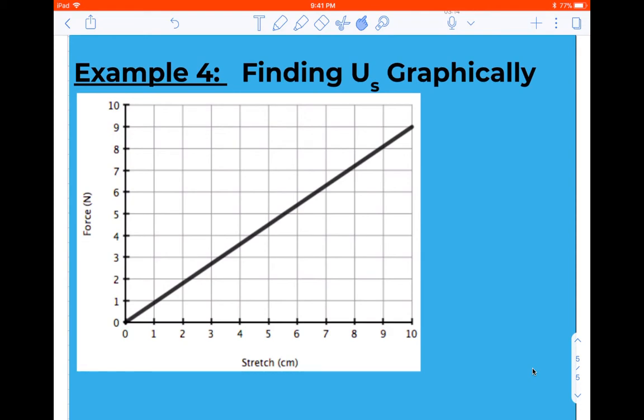So we see that our force increases at a proportional rate. Technically, our stretch here is in centimeters. We're going to modify that to be meters. So as you're sketching this in your notebook, you have force in newtons and stretch in meters.